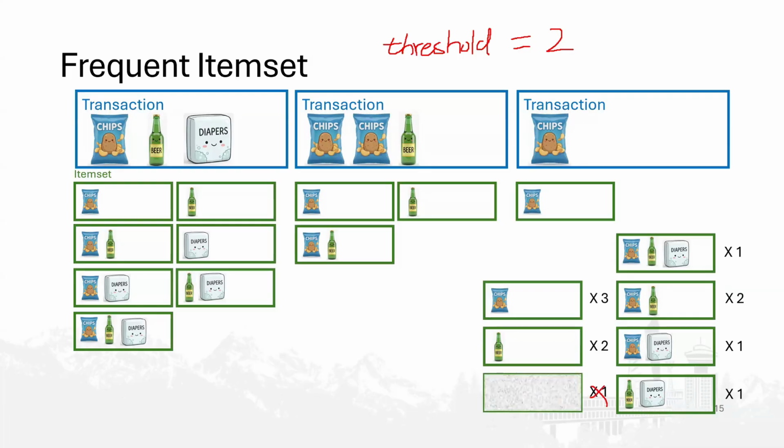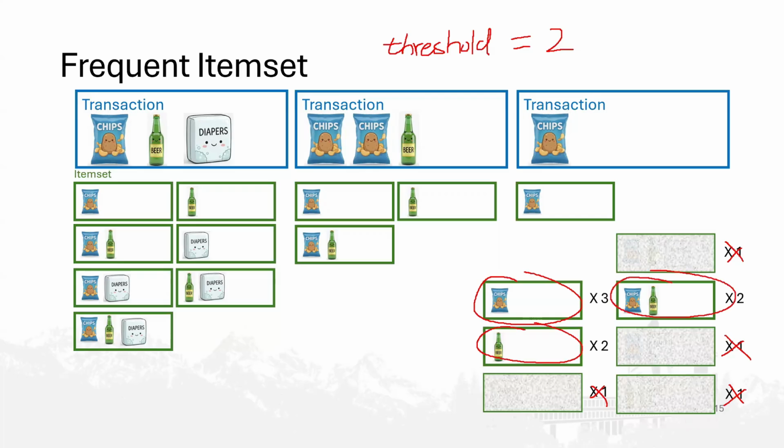We will remove chips and diaper because only 1. We will remove beer and diapers because only 1. Then we will remove chips, beer and diapers as well because it's only 1. Now, the remaining 3 are the 1-item set of chips, the 1-item set of beer, and the 2-item set of chips and beer. They are the frequent item sets here because they appear at least twice among the transactions. Their support counts are at least 2.